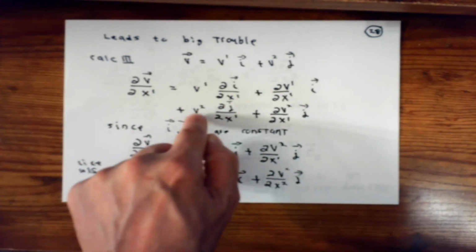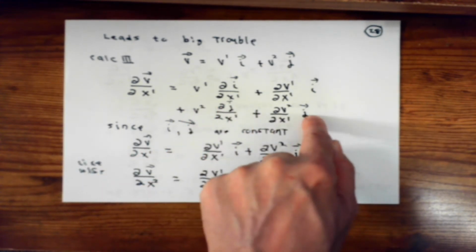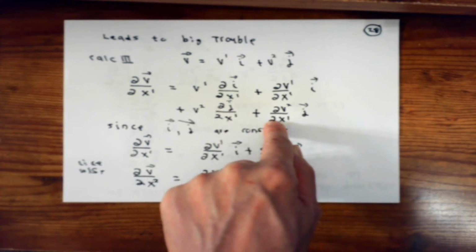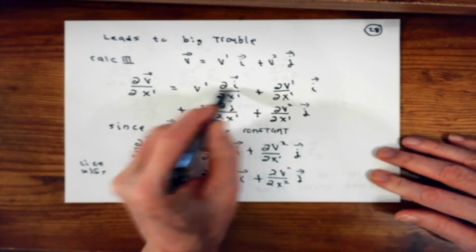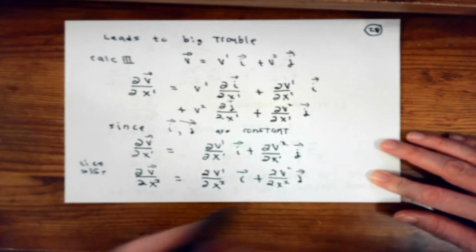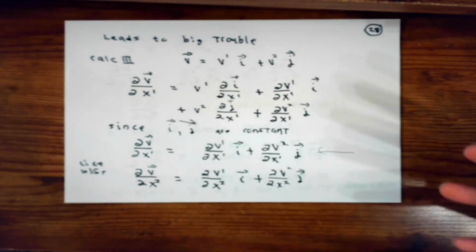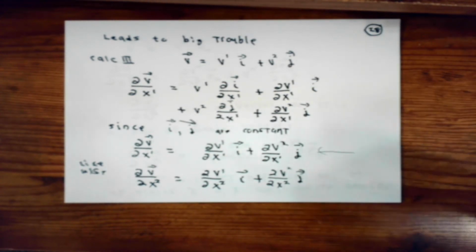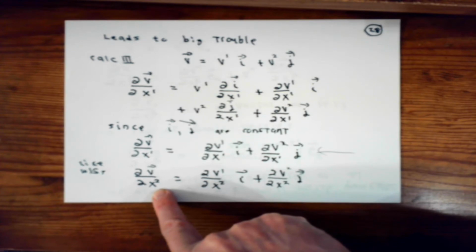Then, second component of v times derivative of j, plus j times the derivative of v2 with respect to x1. But this is silly. i and j are constants, so this term is 0, that term is 0, and we get back what you said you were going to do back in Calc 3. The way we do the derivative of a vector is we just use the derivatives of the components. Likewise, the partial of v with respect to x2 would be this.